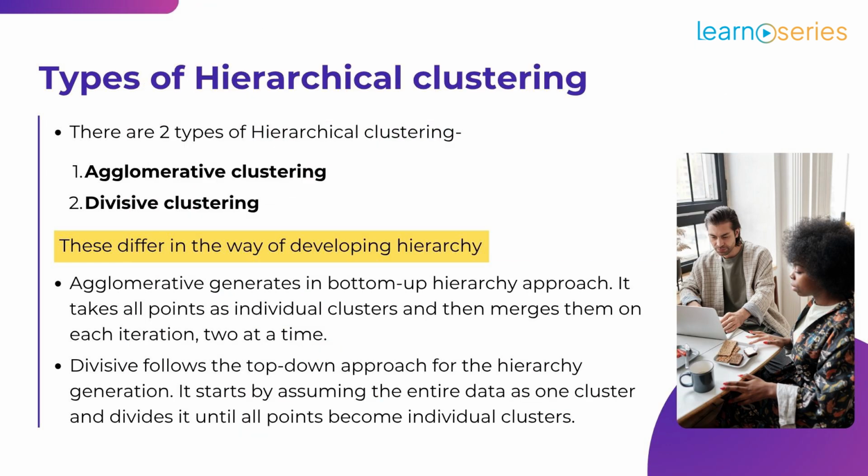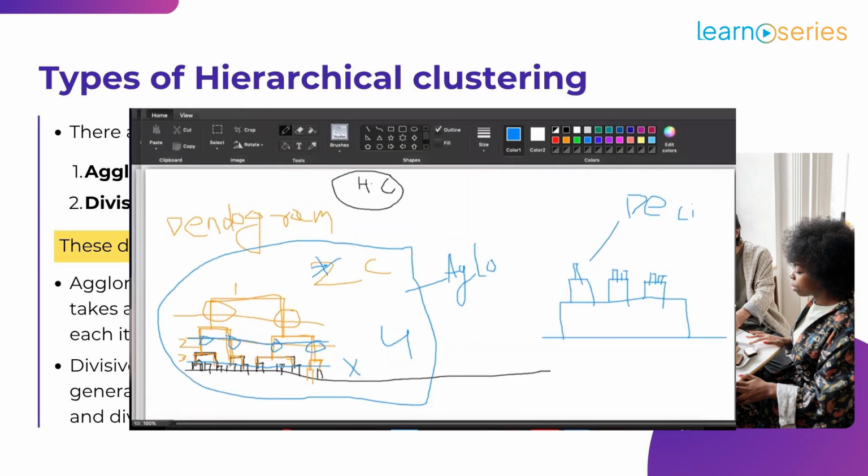The agglomerative generates a bottom-up hierarchy approach. It takes all points as individual clusters, then merges them on each iteration. If you see, it takes all as individual clusters, then merges 2 or 3. It's not required that only 2; it can be more than 2, more than 3, like this also.